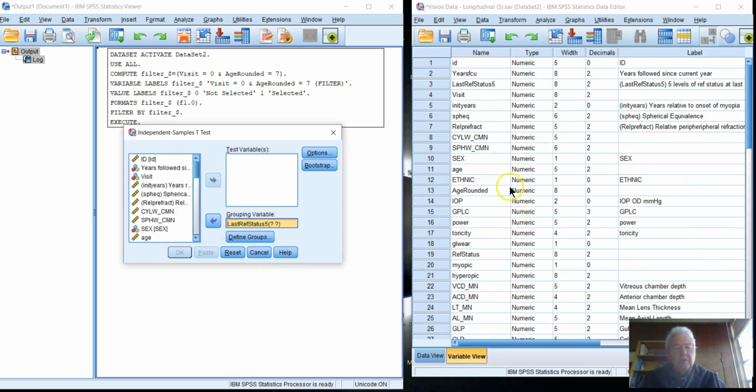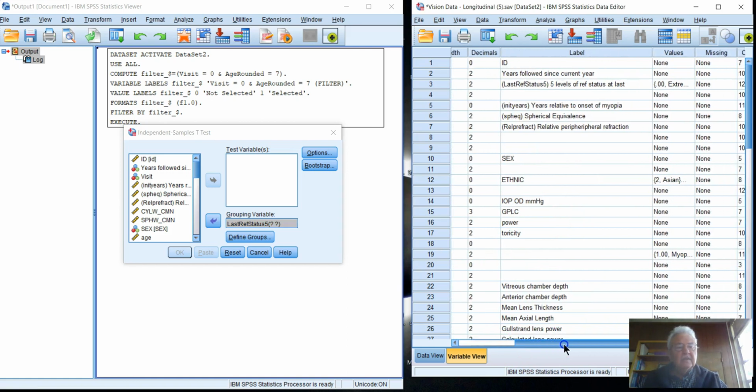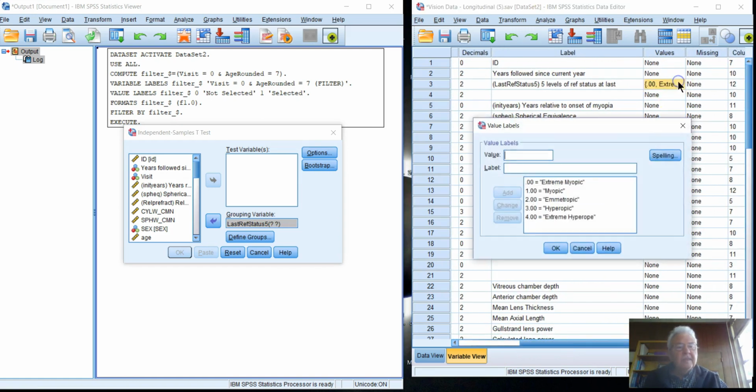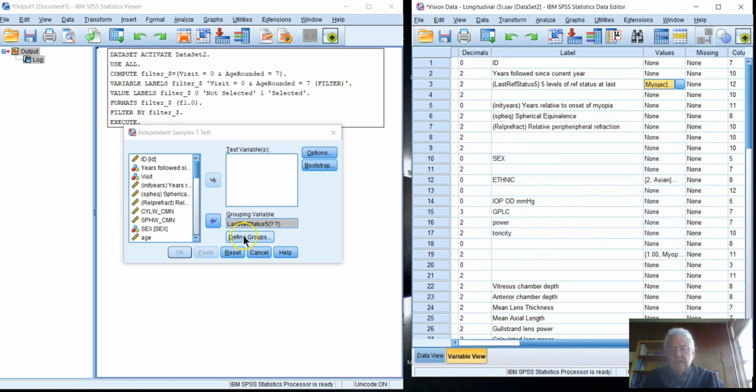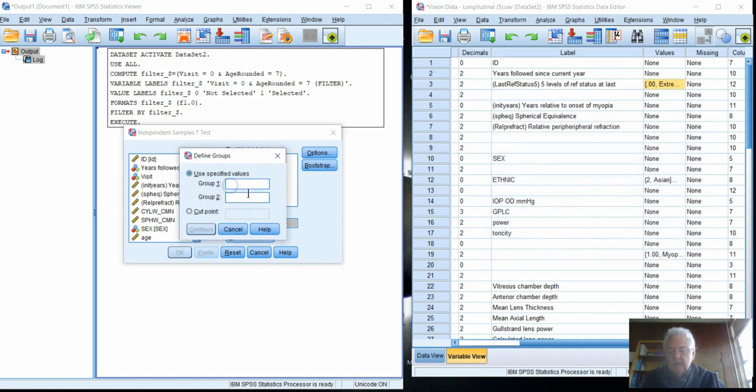Let's look at variable view, last refractive status. Let's come over here. And 0 is extreme myope, 1 is myope, 2 is emmetrope. So we want to compare groups 1 and 2. So define groups 1 and 2.